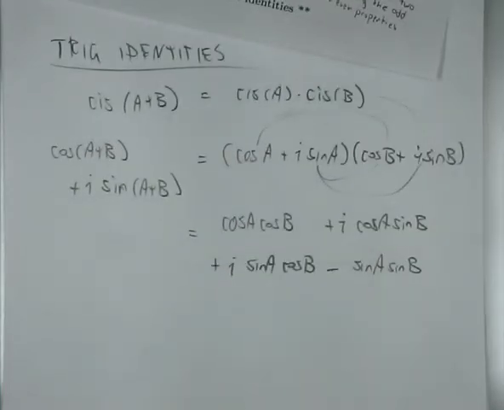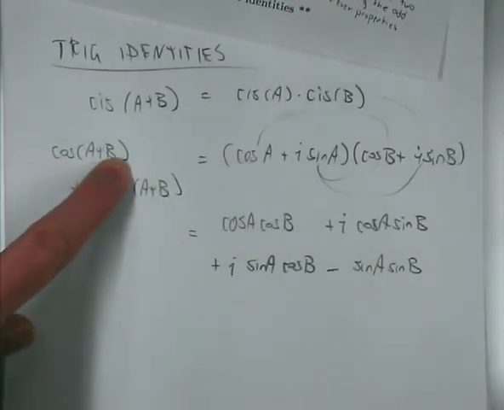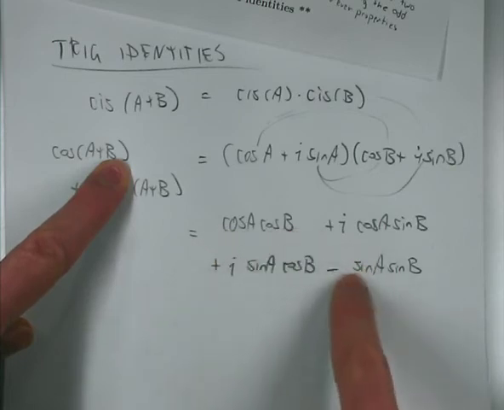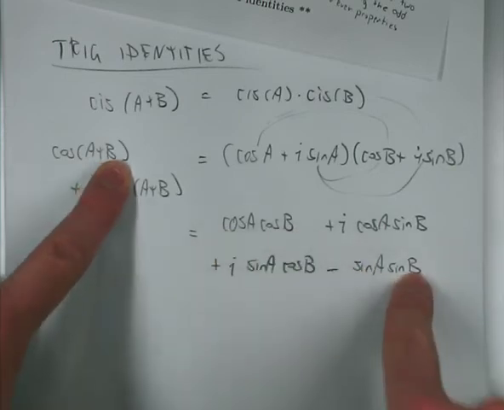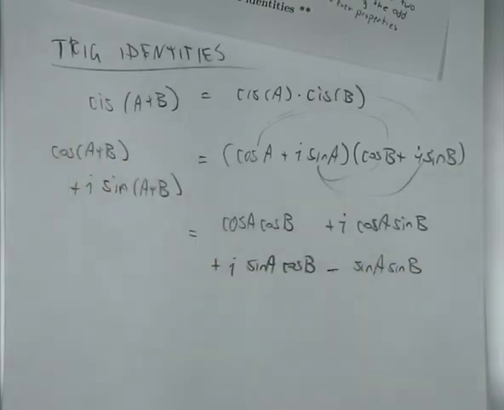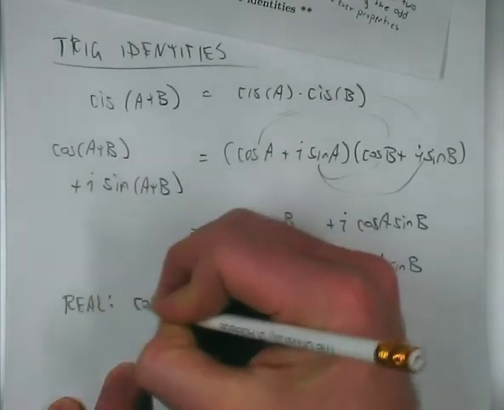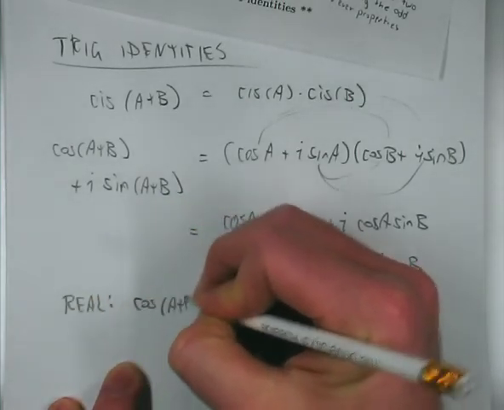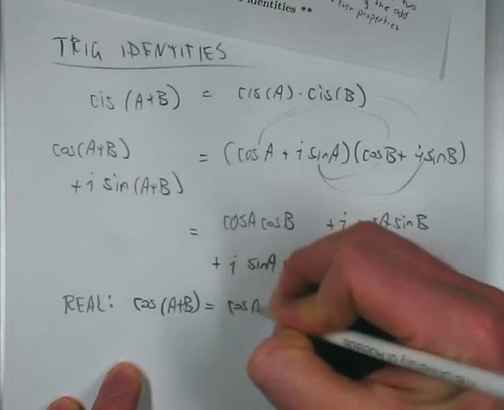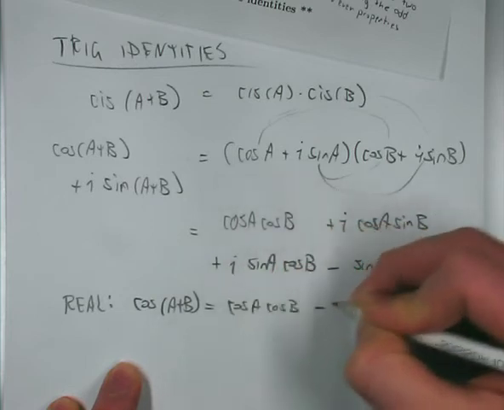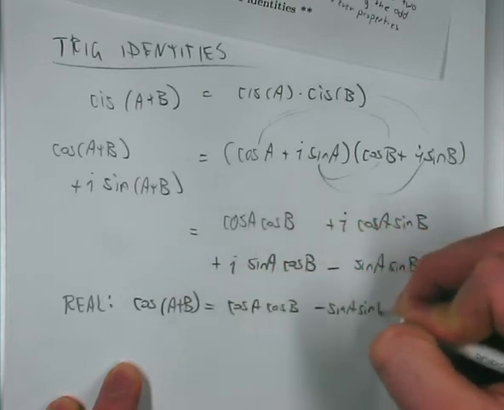And look at this. The real bit, cos A plus B, is cos A cos B minus sine A sine B. That's totally awesome! The real bit says that cos of A plus B is cos A cos B minus sine A sine B.